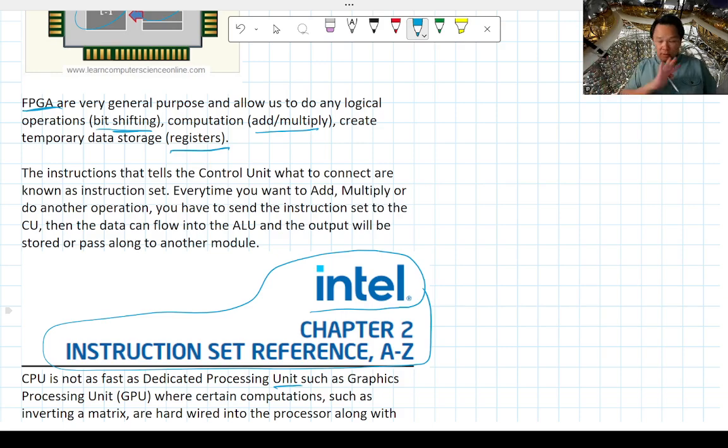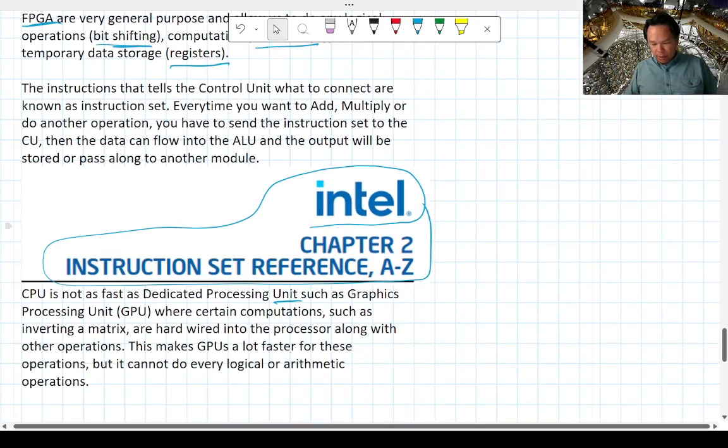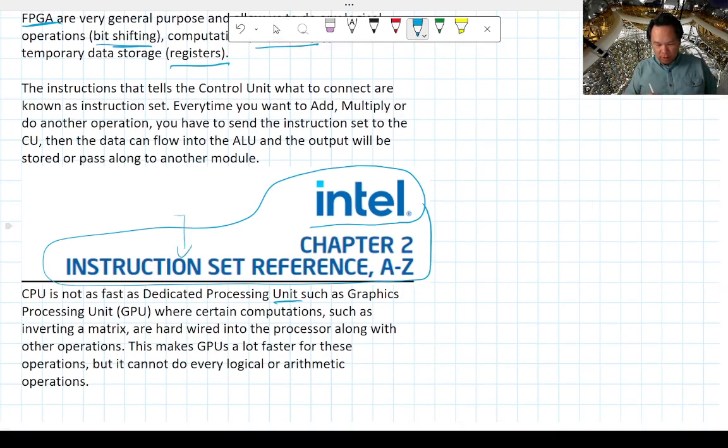The instruction sets are actually very long and complicated these days, just because of the history of it. It's been going on for like 50 years. But if you ever want to look up the instruction sets for an x86 computer, for example, you can do that. If you use a Google search, Intel instruction sets reference, you can find that in chapter 2 apparently.